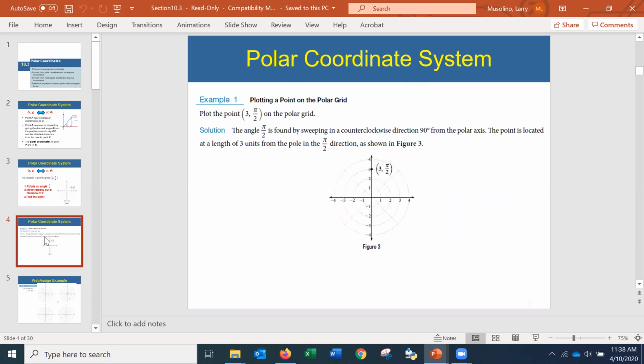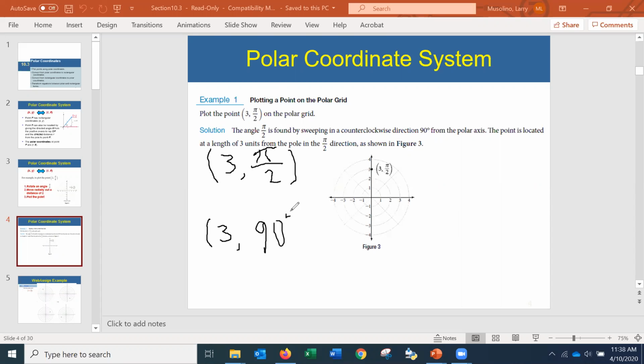How about if we do one more example? This one says, plot the point 3 comma pi over 2 on this polar grid, on this polar graph paper. Well, I know pi over 2 is 90 degrees. So this is really asking me to graph 3 comma 90 degrees.